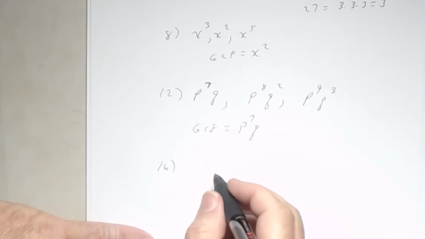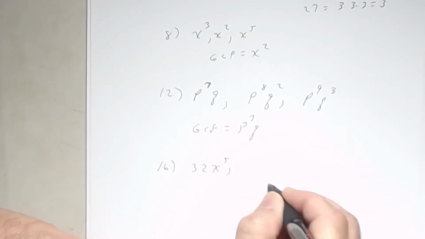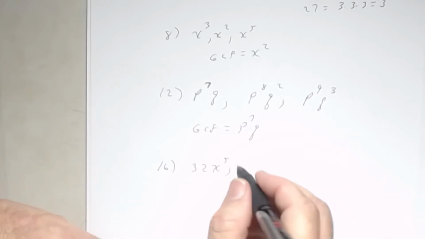All right. Number 16. You have 32x to the 5th, comma, 18x squared. Do the coefficients first. So look at 32 and 18 first.